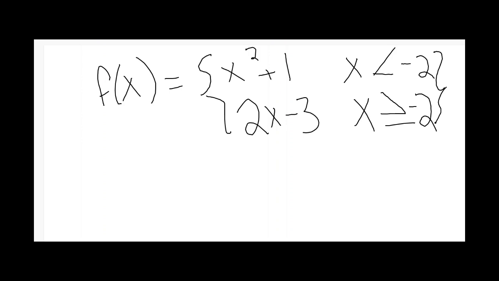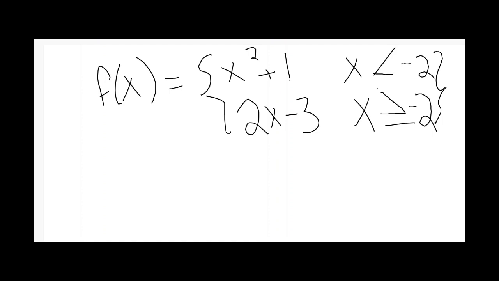So we can see that this will be an included value because it has an equal to sign. Well, this one does not have an equal to sign, so therefore it will not include -2.